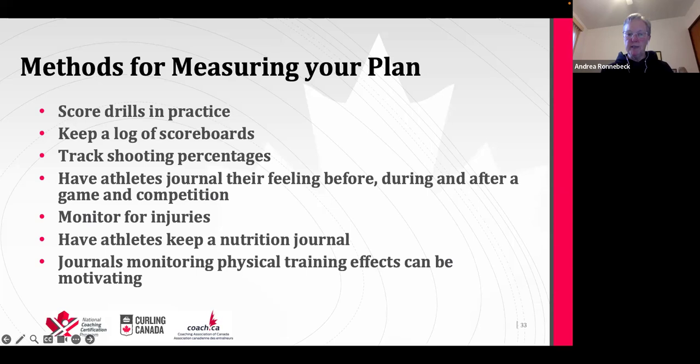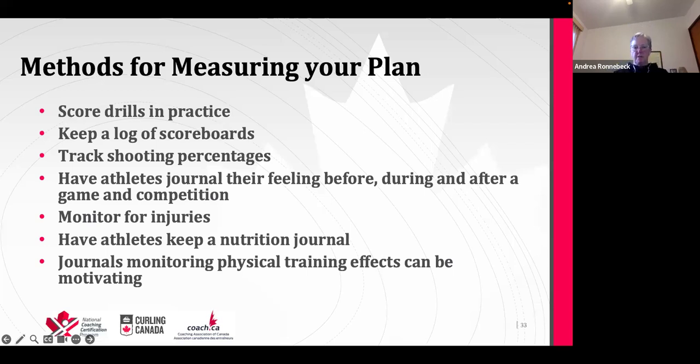Monitor for injuries. Have athletes keep a nutrition journal, especially if you have somebody on the team who has allergies or diabetes. Keeping a journal is very helpful, but keeping a nutrition journal also helps the athlete understand, hey, if I go out and have a Big Mac and an extra large fries and a chocolate milkshake and then try to curl, what impact is that having on my body compared to having something a little less heavy?